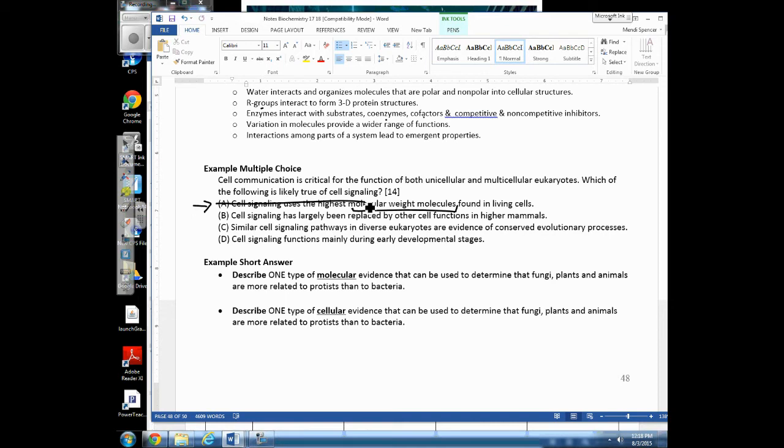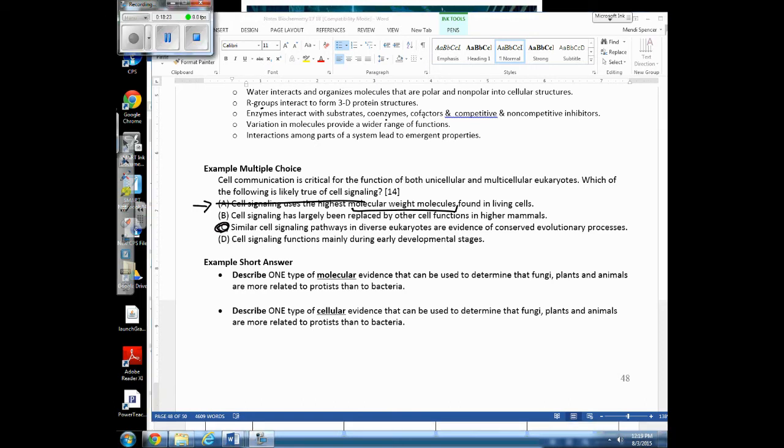Now I want you to hit pause and familiarize yourself again with B, C, and D. Which one of these 3 answers relates more to a big idea that we just discussed? I believe C in this case stands out, and that's the correct answer to this question.